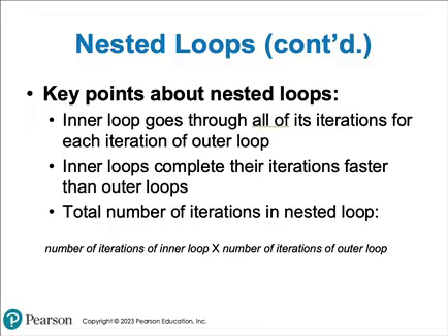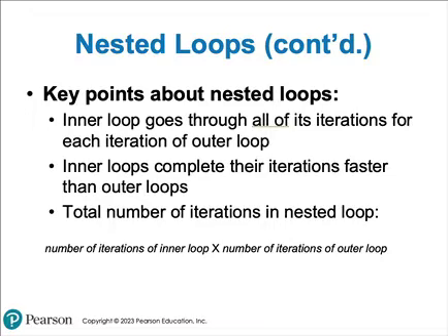That is, all the iterations of the innermost loop will execute, then you will back out one layer of the loop. So the total number of iterations is how many times the inner loop executes times how many times the outer loop executes.